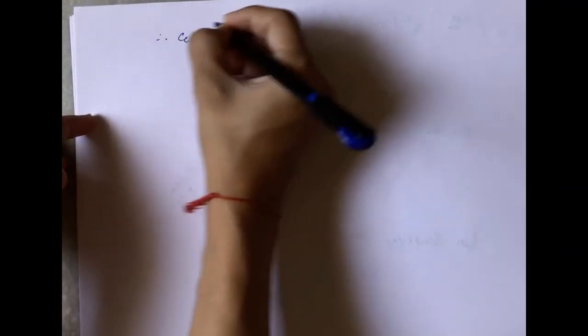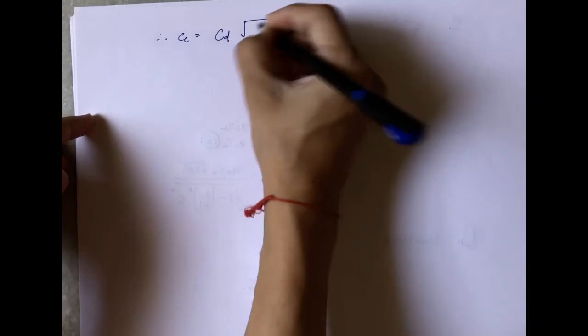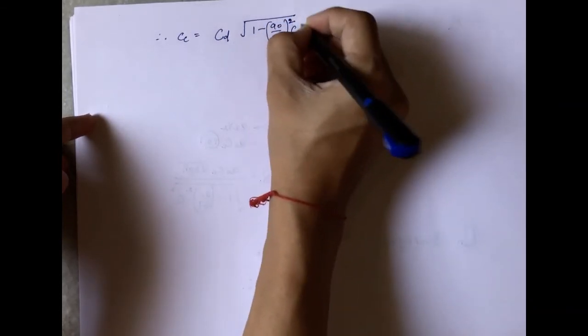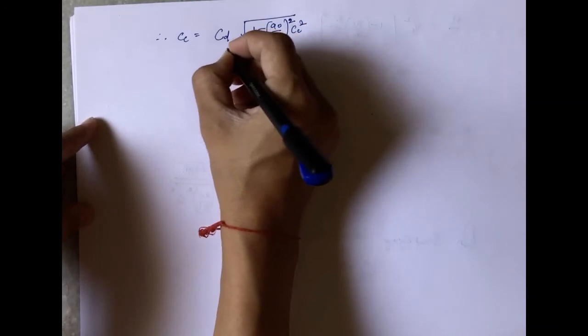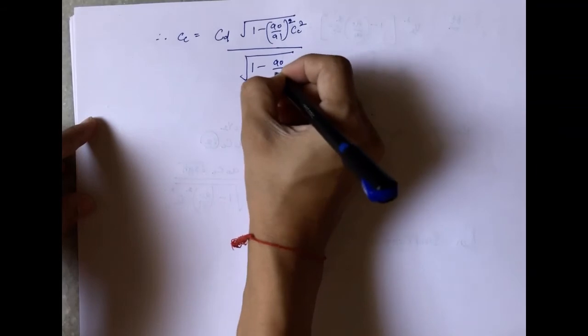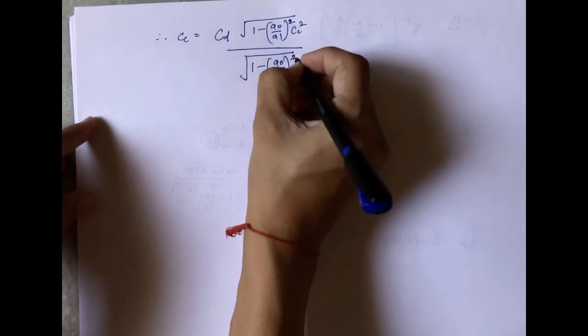Therefore, Cc is equal to Cd under root of 1 minus A0 upon A1 whole square Cc square upon under root of 1 minus A0 upon A1 whole square.